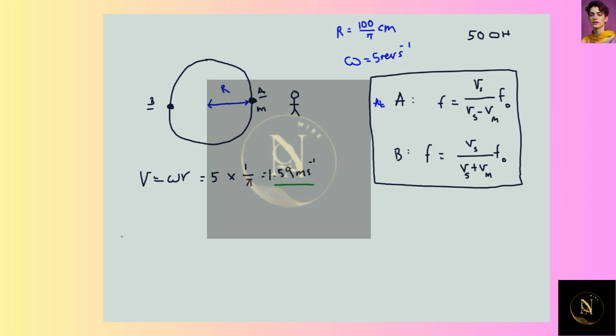So starting with A, we can say that the frequency at A is equal to the speed of sound, which has been given as 332, over the speed of sound minus the speed of the speaker, so 332 minus 1.59, all multiplied by the initial frequency, which we know is 500 Hertz, so times 500, which is equal to 515 Hertz.